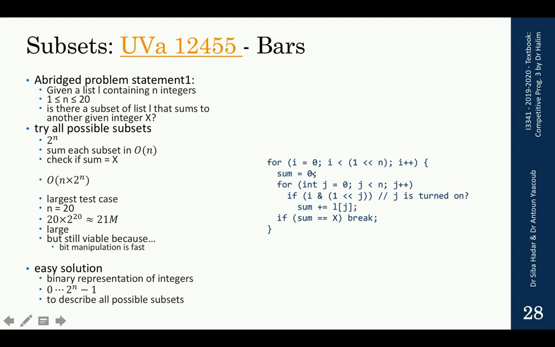and we set sum equals 0, and for j equals 0 to n, we check if the bit j represented inside i is on. This time we have 2 to the power n cases.